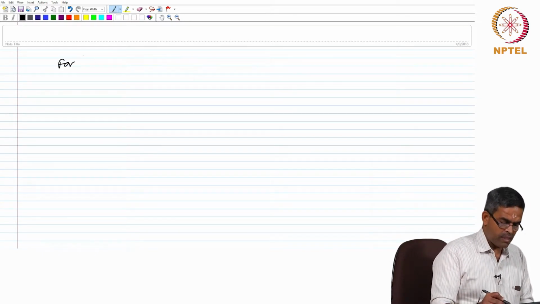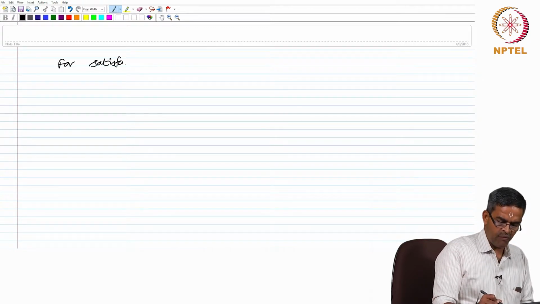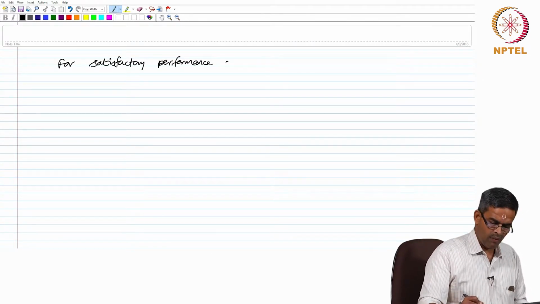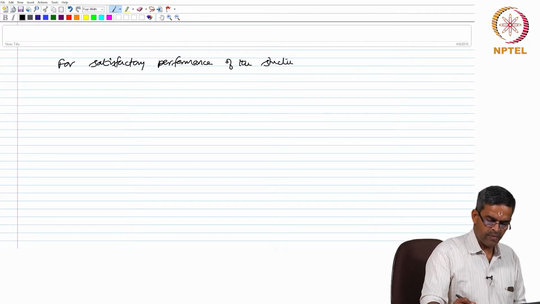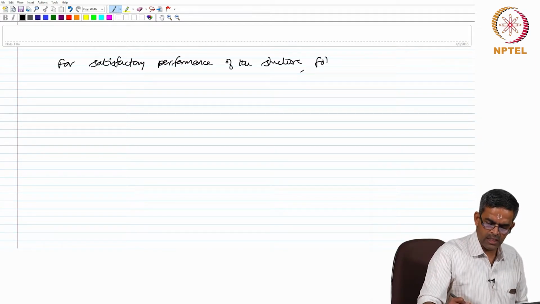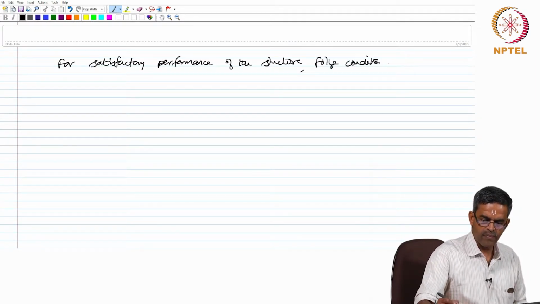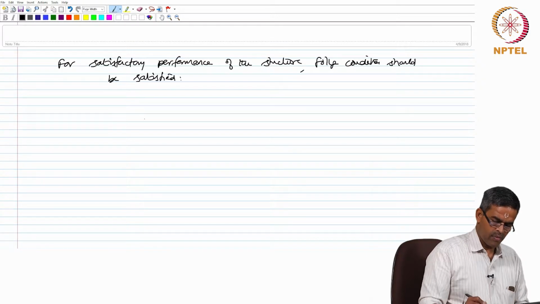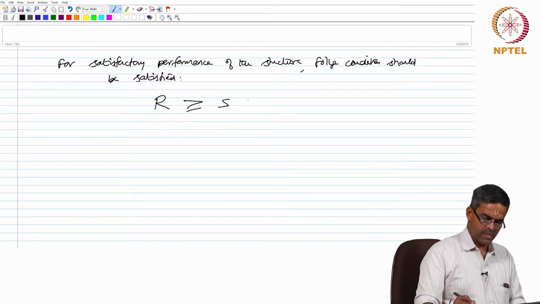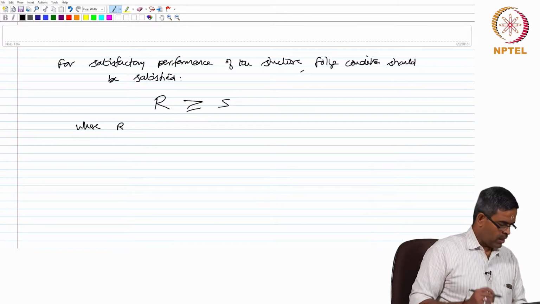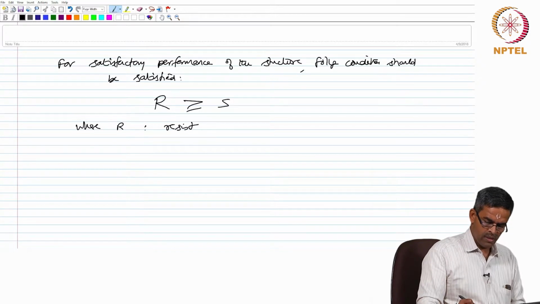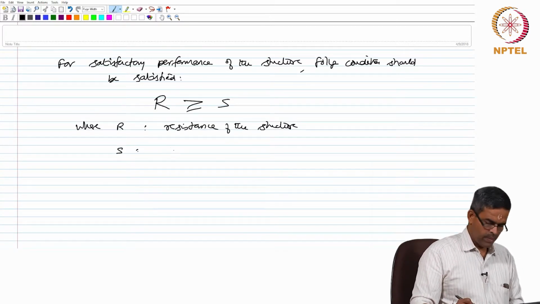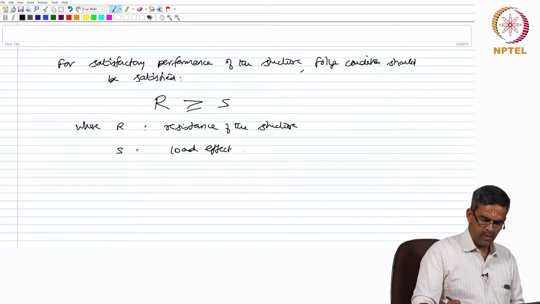We do agree as per reliability that for a satisfactory performance of the structure, the following condition must be satisfied: R should exceed S, where R is the resistance of the structure and S is the load effect on the structure.